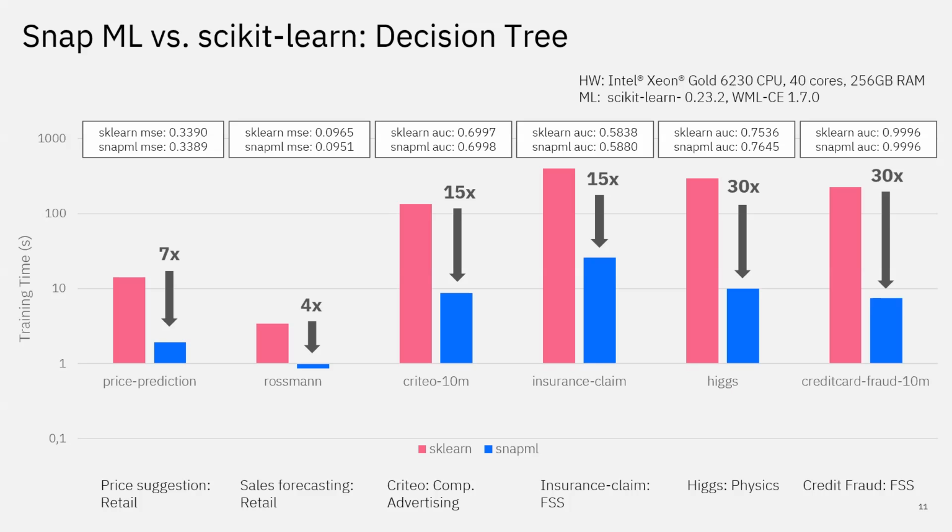Again, we see some speedups varying from 4x on Rossmann up to 30x on credit card. And here we have a mixture of regression and classification problems, because decision trees can be used for both. In all cases, we see that the mean squared error is either lower or the AUC is higher for the classification problems. So we don't sacrifice any accuracy in order to get this acceleration.